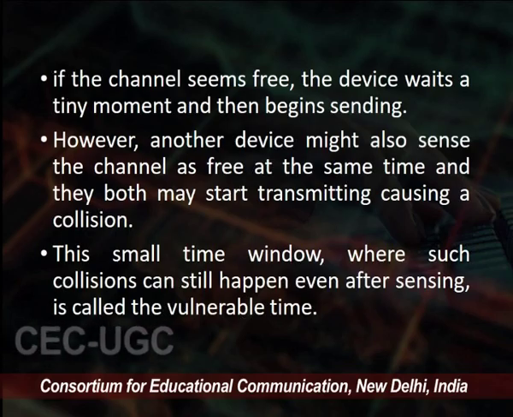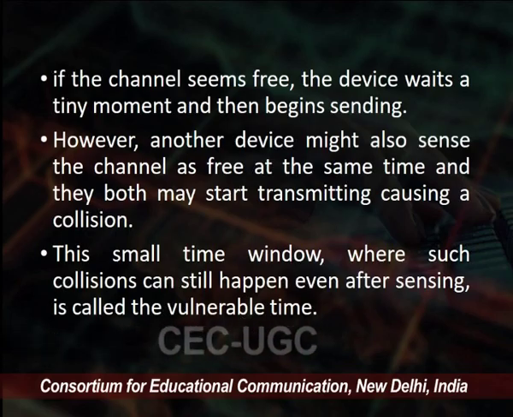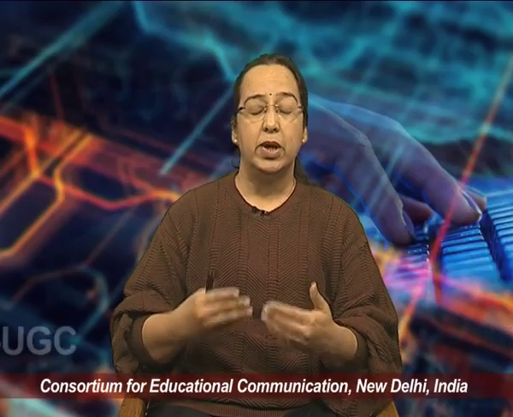This is a small time window where collision can still happen even after sensing. It's not that stations are not sensing, but what if two stations sense at the same time? Even after sensing, the collision can still happen, and this window is actually the vulnerable time.